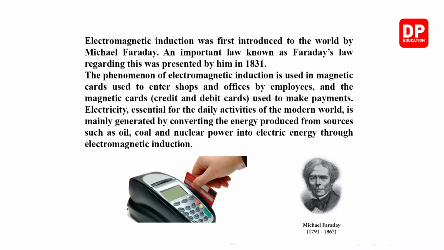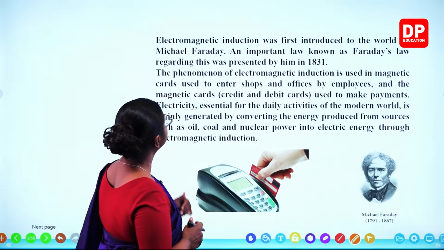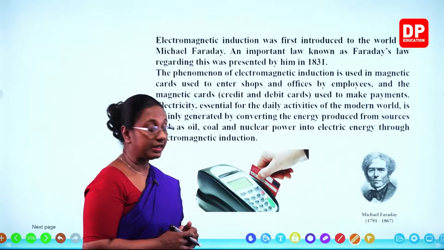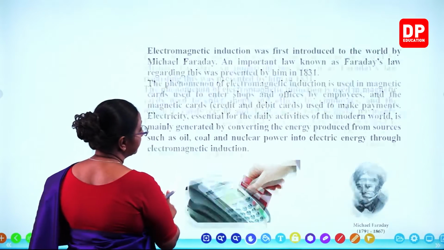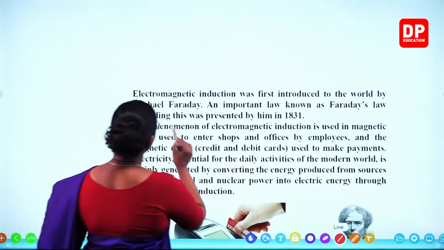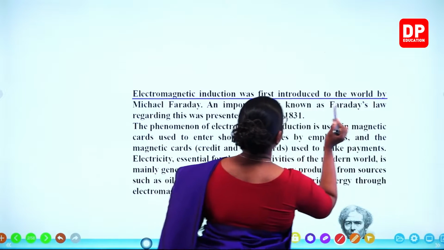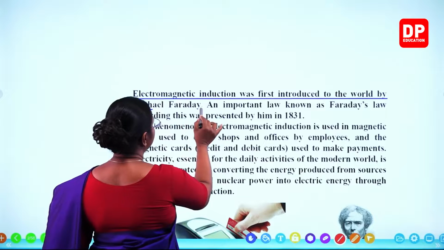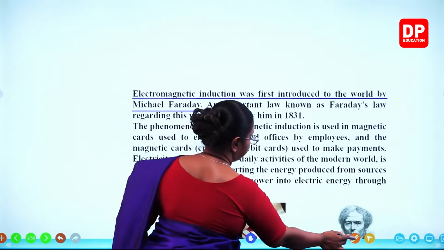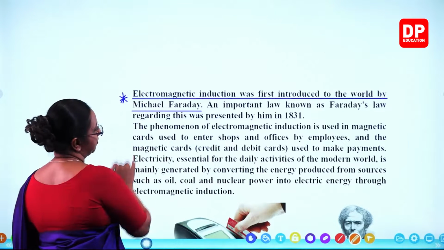So, here, if we look at electromagnetic induction, you can see the diagram here, Michael Faraday. He is the scientist who first introduced electromagnetic induction to the world. So, that's important.